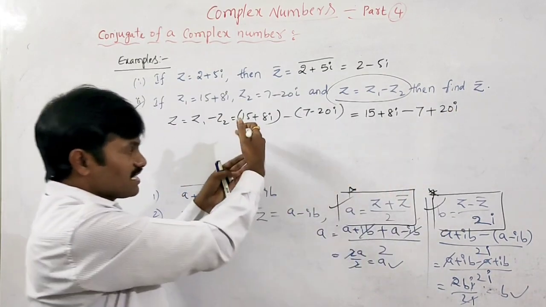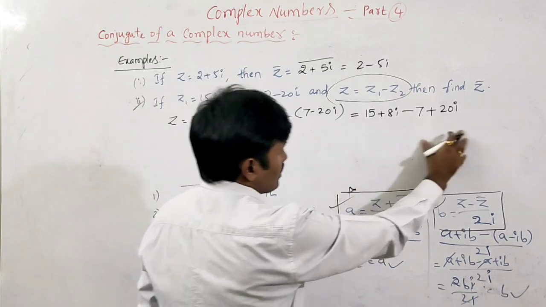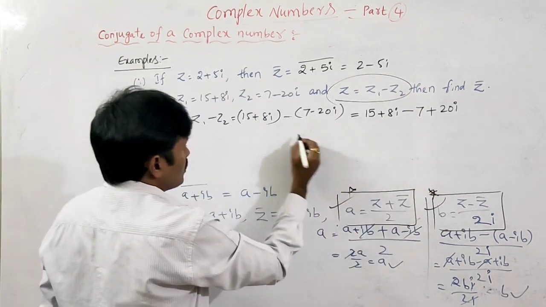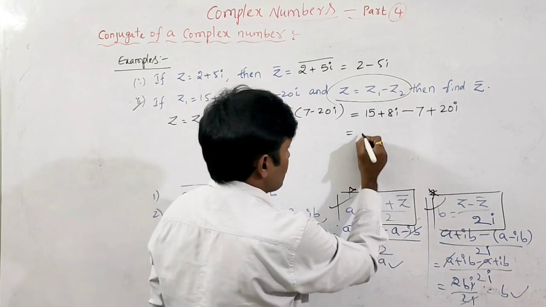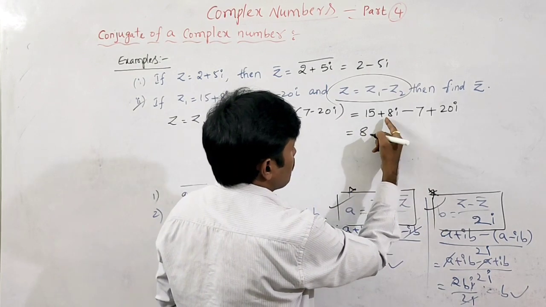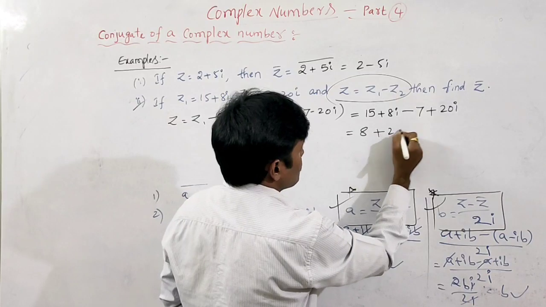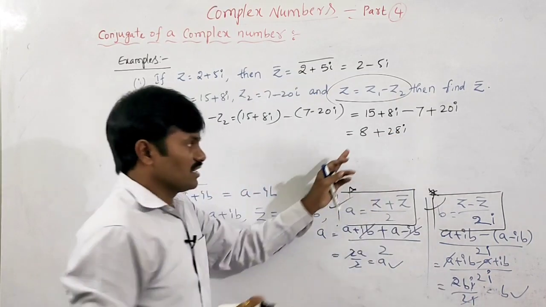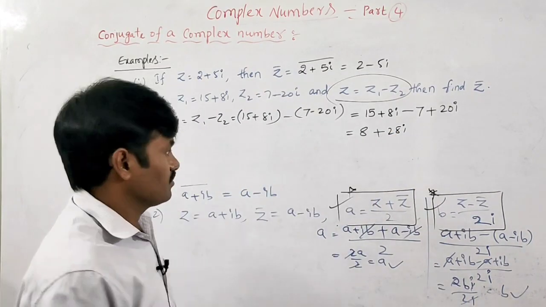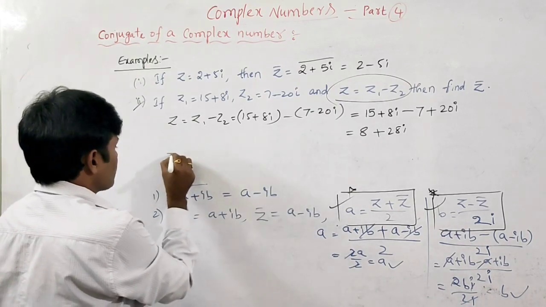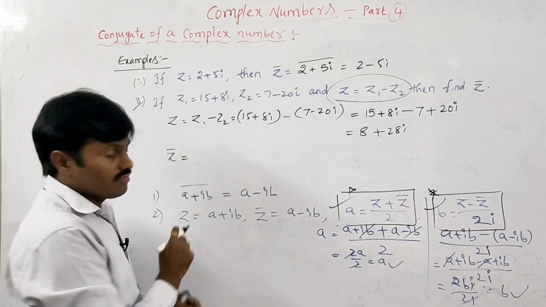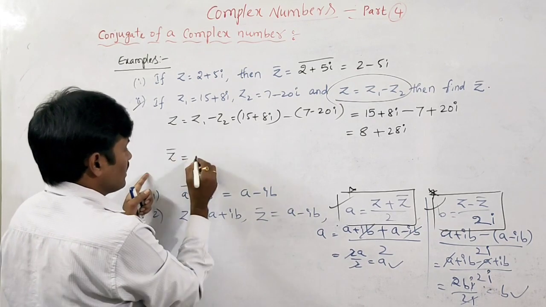So my dear students, write step by step. For my convenience I am writing horizontally. So 15 minus 7, how much beta? That is 8, plus 8i plus 20i gives us 28i. So it is in the form a plus ib, where a is equal to 8 and b is equal to 28. Now we have to write its conjugate of the complex number z.